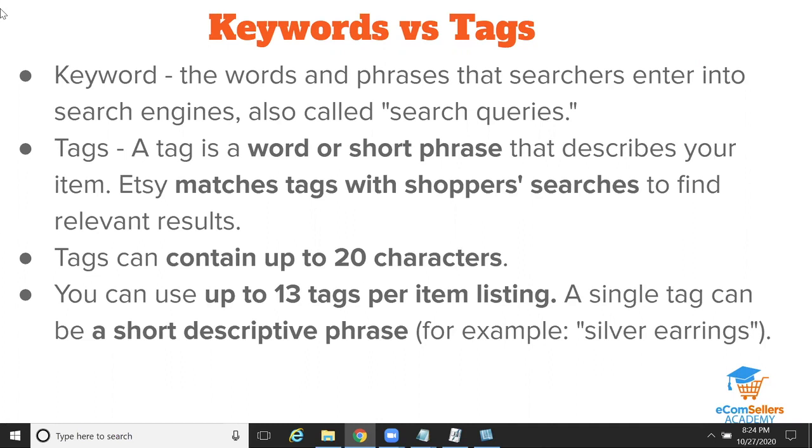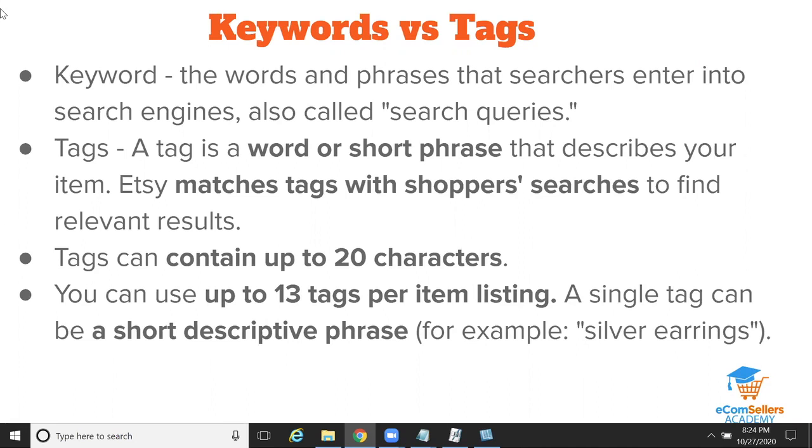And the tags can contain up to 20 characters, and they can be short phrases. So you can put Barbie doll or Barbie car. Like if you have that little Corvette, or you have an old vintage baseball card.